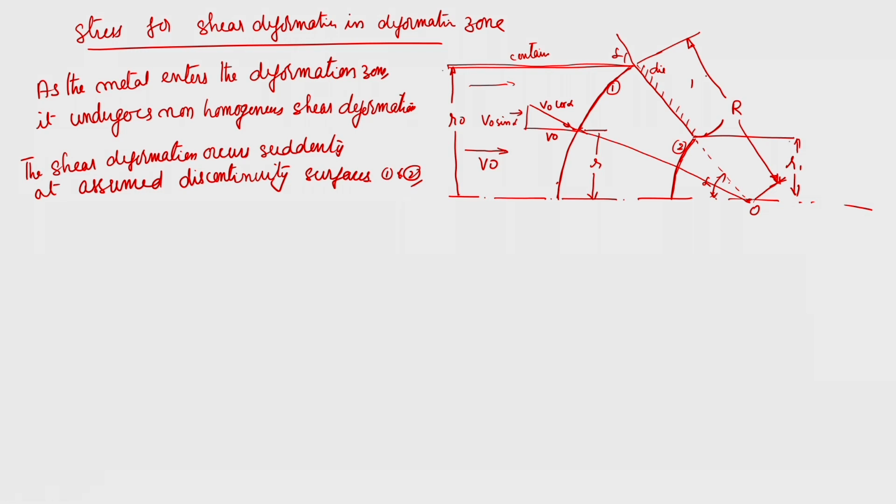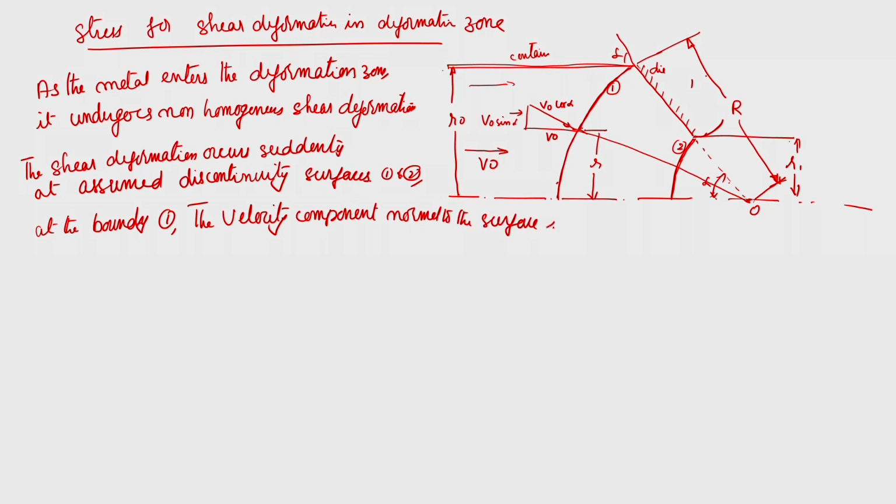So, at the entrance boundary, that is at the boundary 1, the velocity component normal to the surface is continuous.